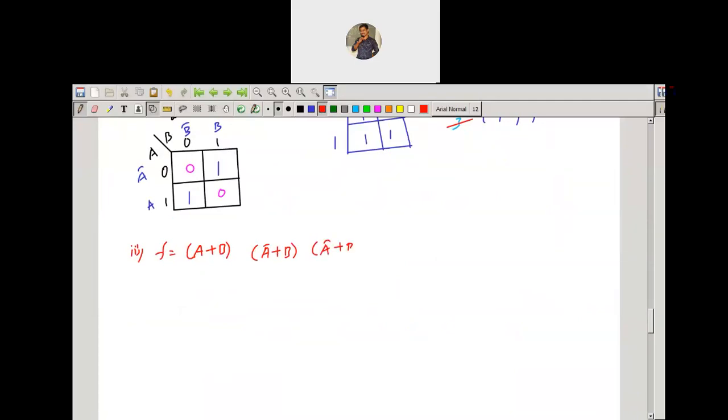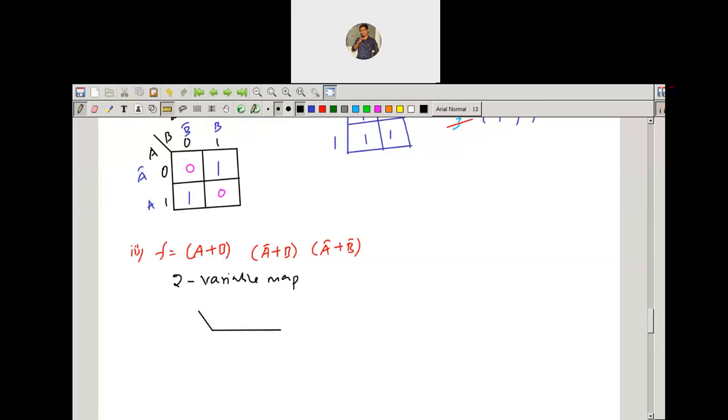So this is a given function. Now could anybody please answer me? Obviously you're having a variable, b variable. This is a two variable K map. And tell me, is it SOP or POS? Obviously it is POS only, right? So obviously it is POS.